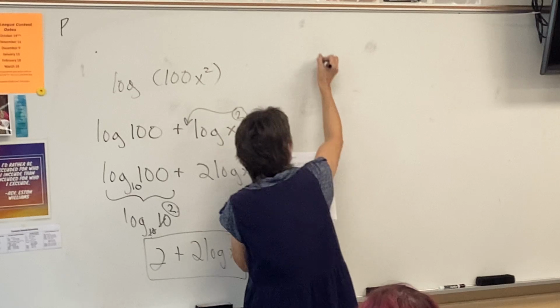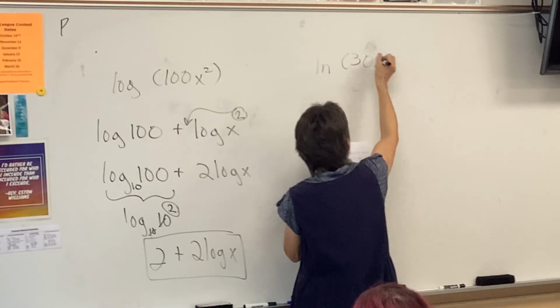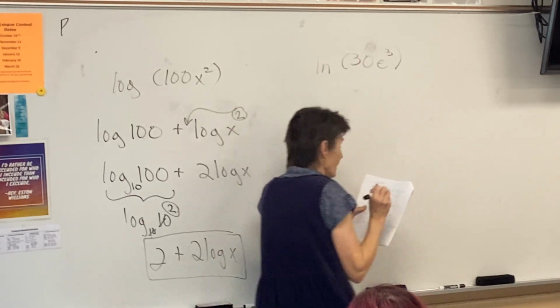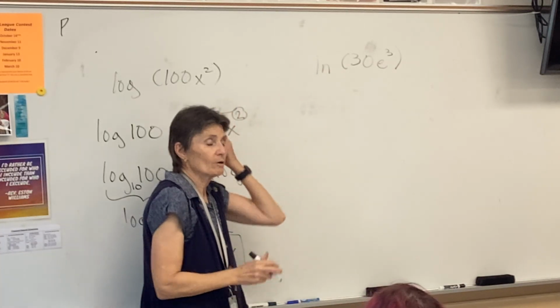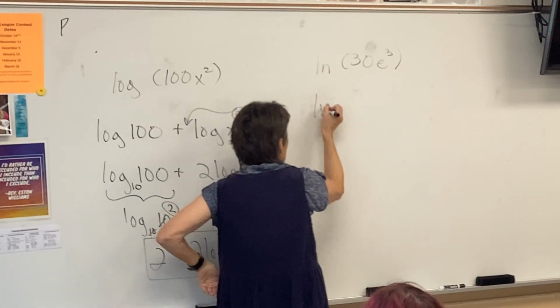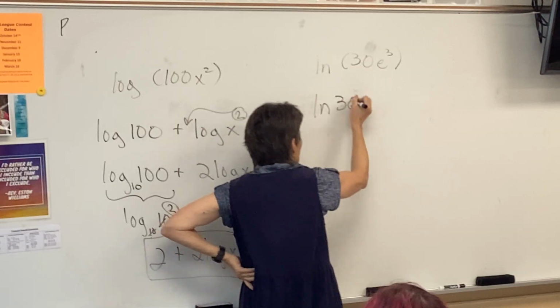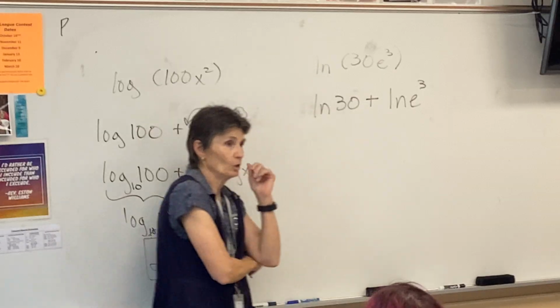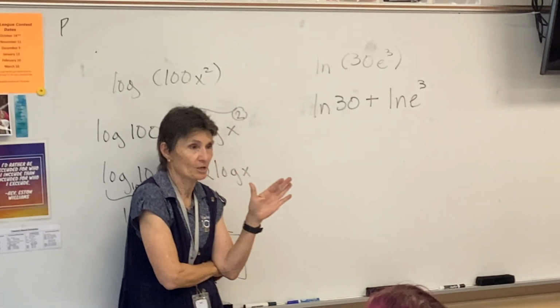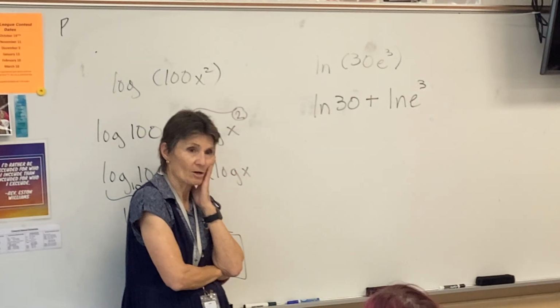All right, here's another one, just like it, okay? We're going to start by splitting that into ln 30 and ln e cubed. Look at that first and make sure that makes sense to you before we start doing the tricky part.